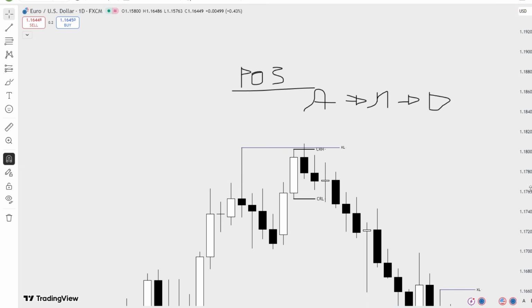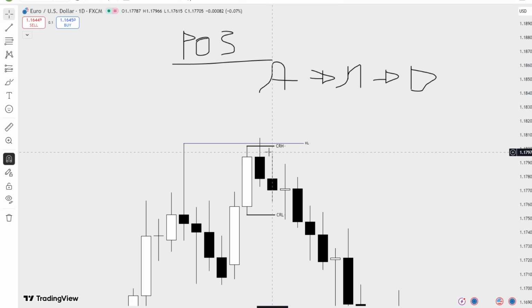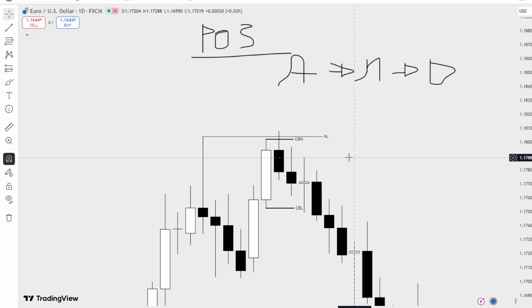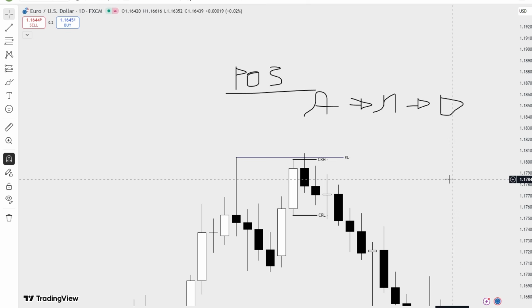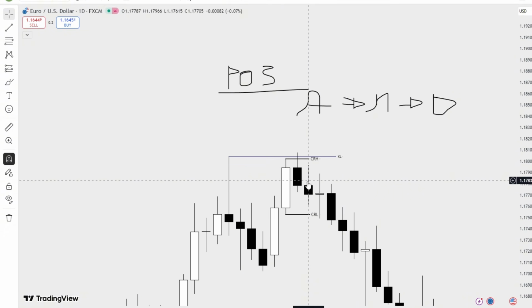And your entry is always going to be in candle three. We're not talking about entry models right now because it's not the point of this video. The point of this video is to talk about CRT, how it's formed and how you can use it. But your entry is going to be in this distribution candle because it's the safest way to enter and the easiest and fastest way to get your reward, right?